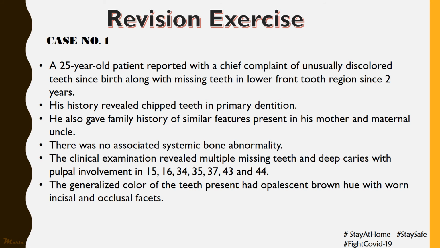There was no associated systemic bone abnormality. The clinical examination revealed multiple missing teeth and deep caries with pulp involvement in 15, 16, 34, 35, 37, 43 and 44. The generalized color of the teeth present had an opalescent brown hue with worn out incisal and occlusal facets.